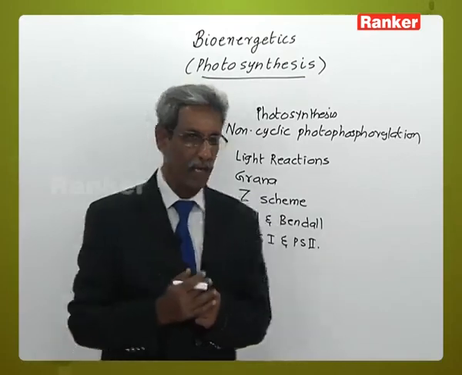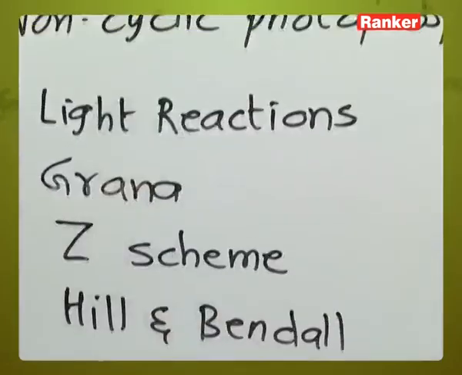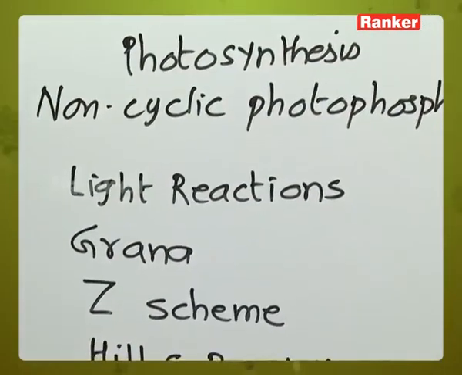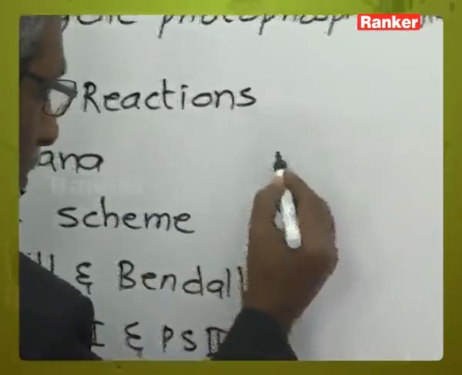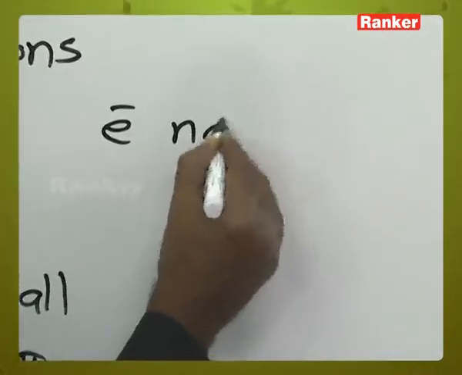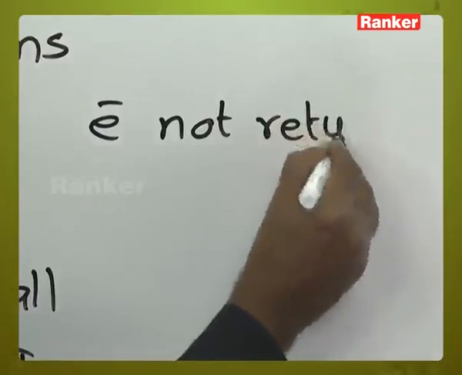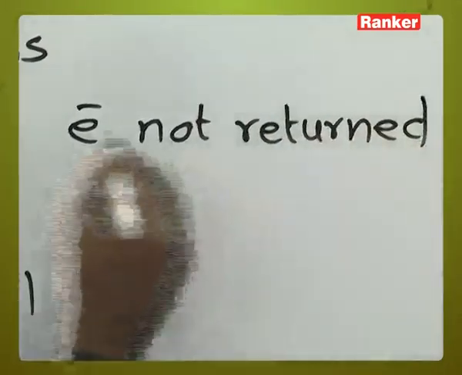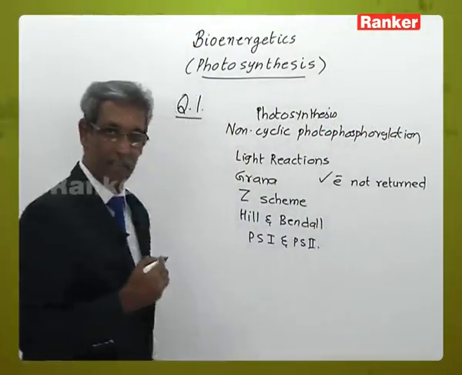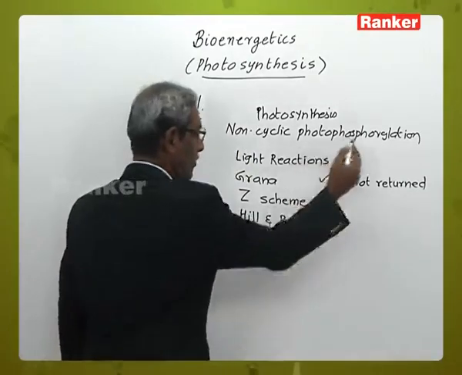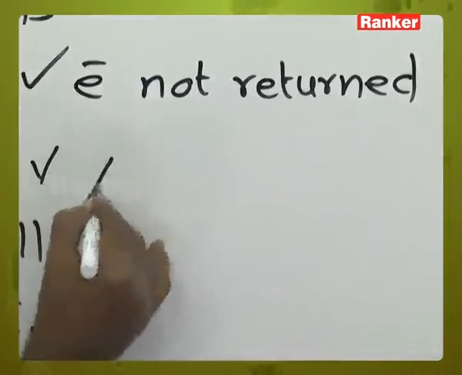Among the light reactions in non-cyclic photophosphorylation, the characteristic feature is that the electron is not returned. The second important feature is photophosphorylation, which means the production of ATP.